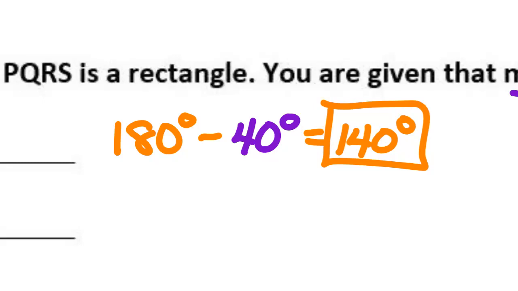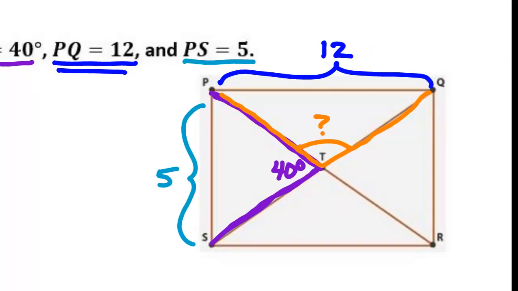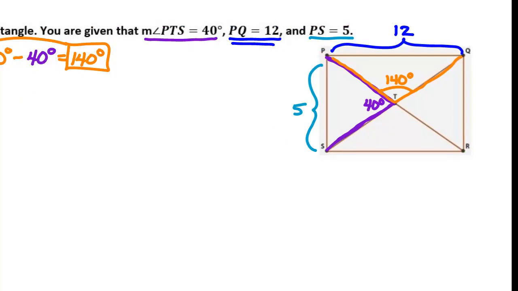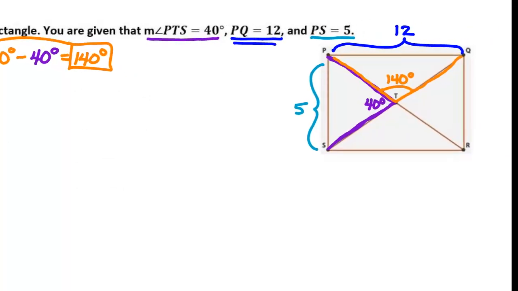So my first answer is 140 degrees. I'm going to go add that to my picture. Because 140 plus 40 equals 180. All right, next up, we want the measurement of angle PQT.